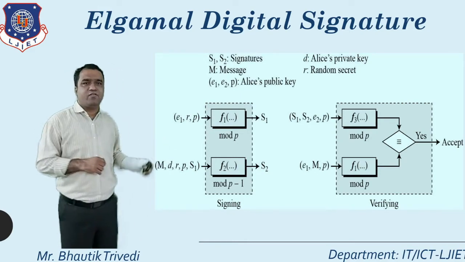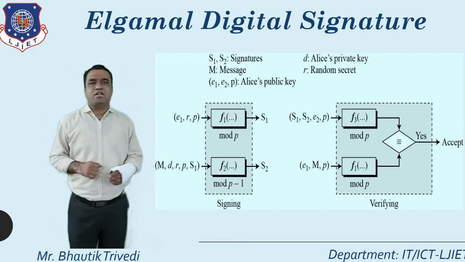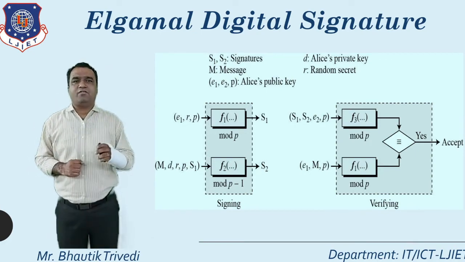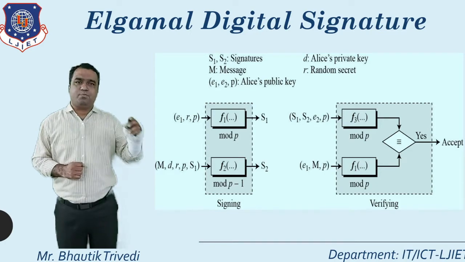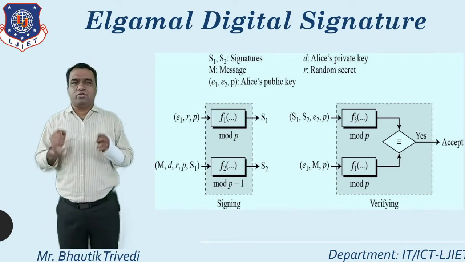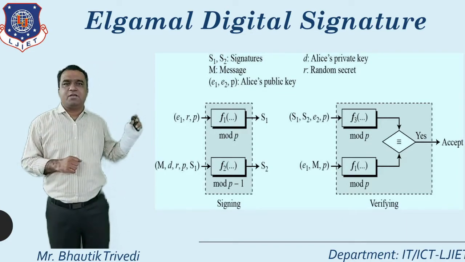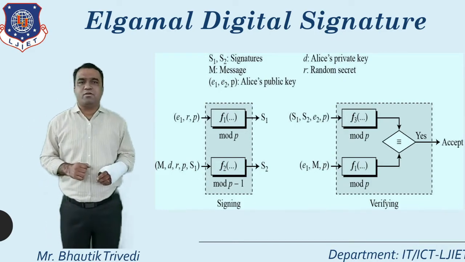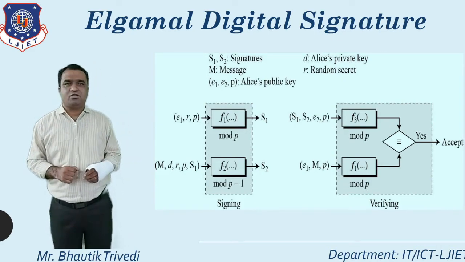For the verifying phase, S1 and S2 you already know. Then you pass E2 and P, so in total 4 parameters: S1, S2, E2 and P are passed to the F3 function. F3 function again supports one mod P operation.